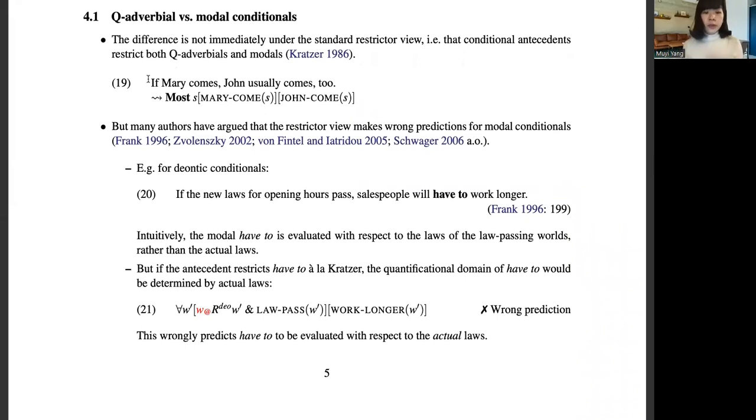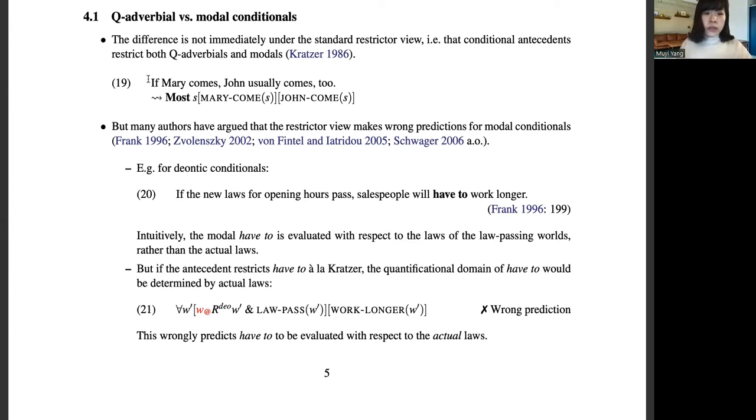The difference between these two types of conditionals is not immediately clear, at least under the standard Kratzer-style restrictor view of conditionals, namely the view that conditional antecedents restrict both Q adverbials and modals. So basically, another way to put this is that Kratzer's restrictor view was designed to unify these two types of conditionals instead of tease them apart.